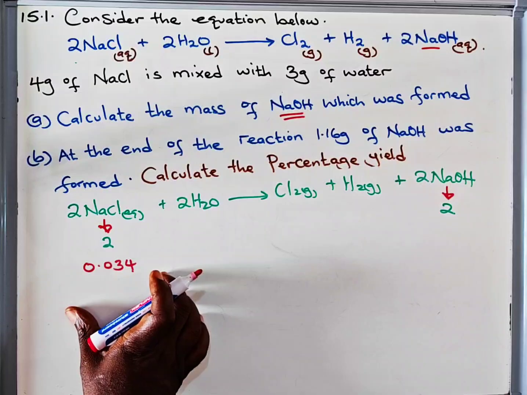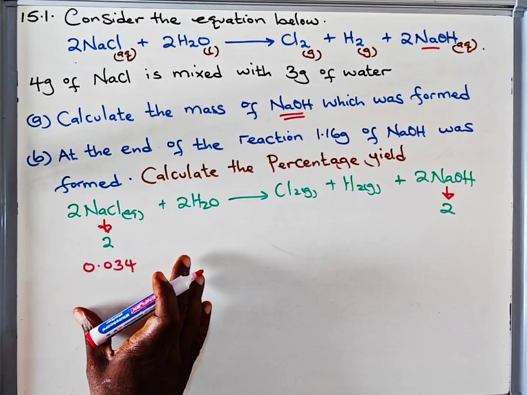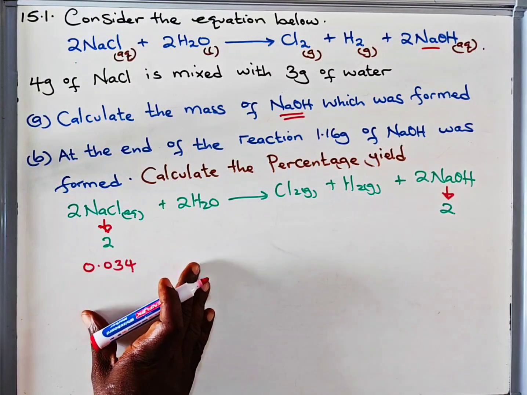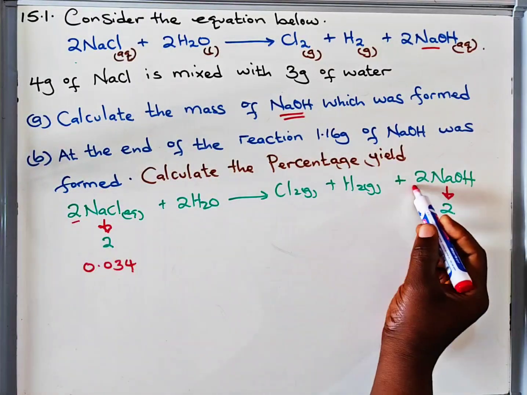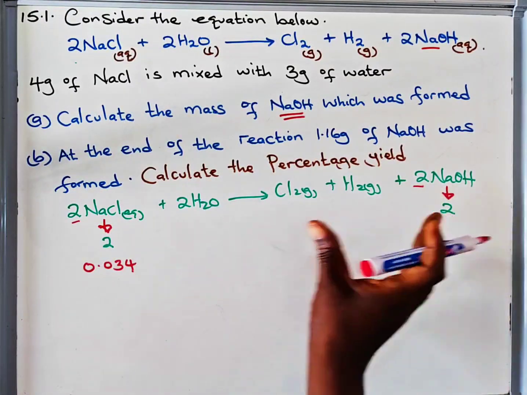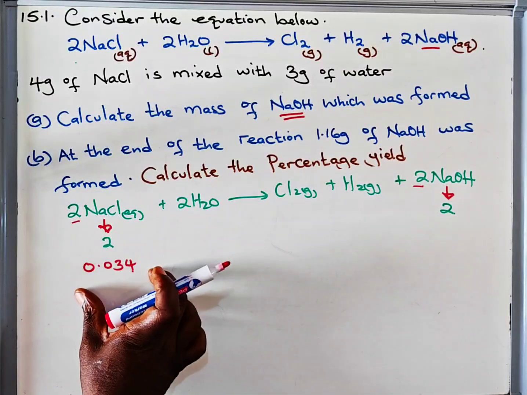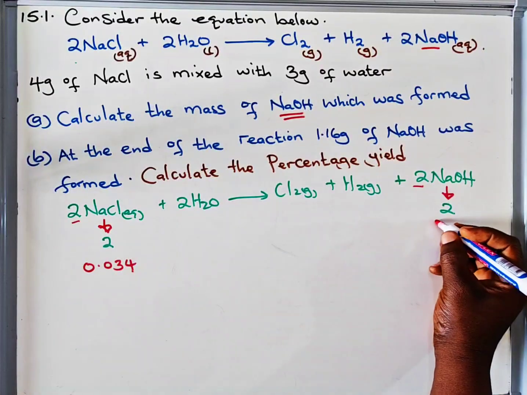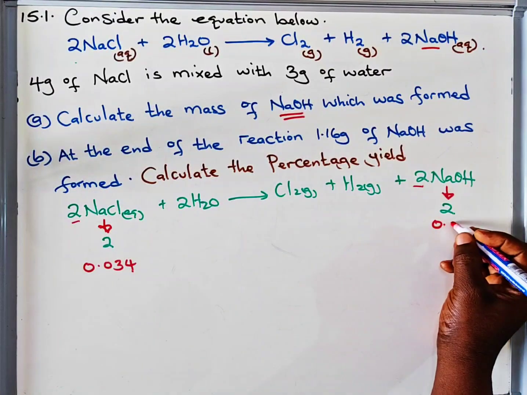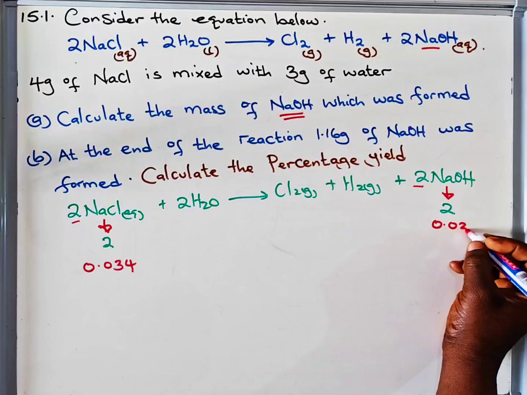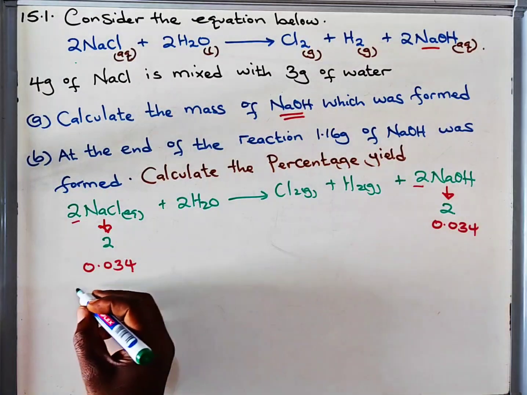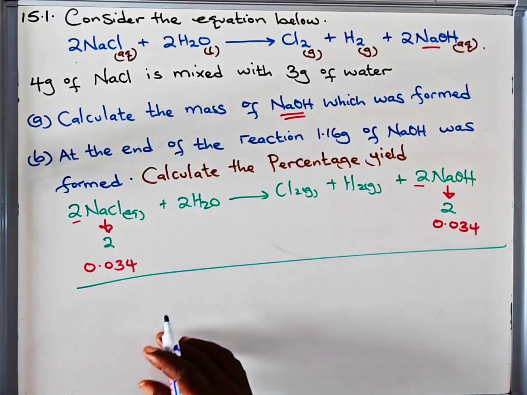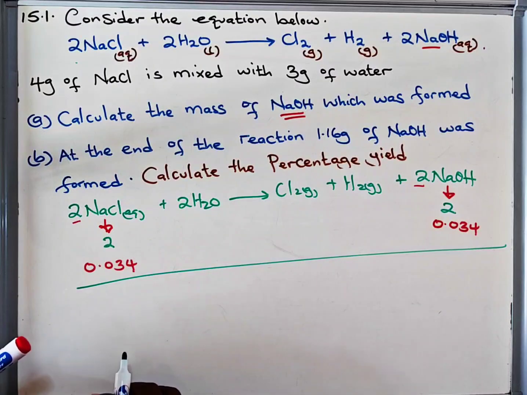These are the number of moles of sodium chloride which reacted. But from the ratio, the 2 forms 2. These are mole ratios. Which means that this number of moles is going to be the same number of moles which are formed of sodium hydroxide. This is very important.